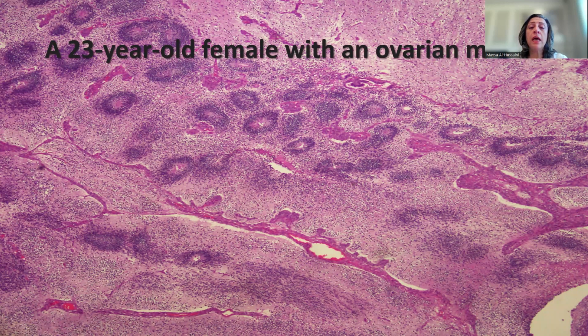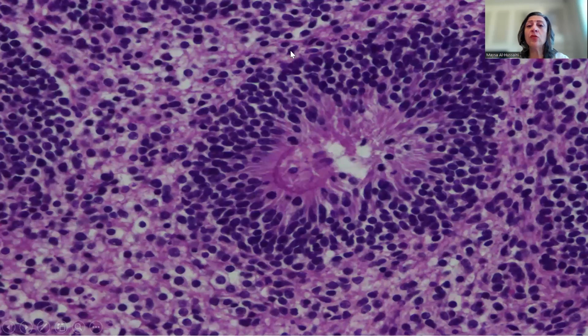On examination of the sections taken from the mass, as you can see, one of the sections showed this immature neuroepithelium or neuroectodermal element in the form of several multi-layered rosettes that on high power magnification beautifully show the fibrillarity of the processes around the vessels, and then the multi-layering of the immature neuroectodermal cells or neuroepithelial cells.